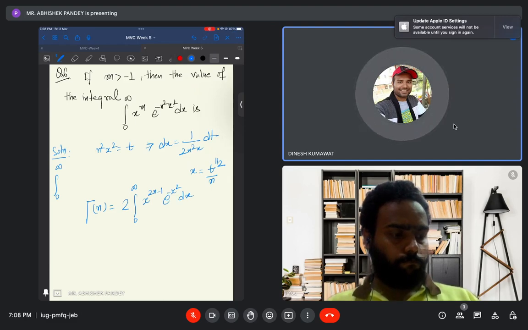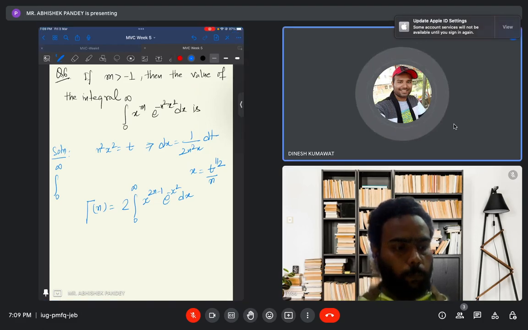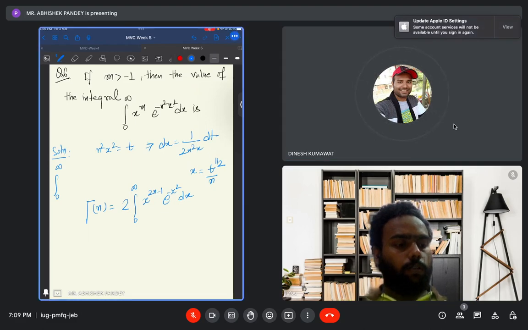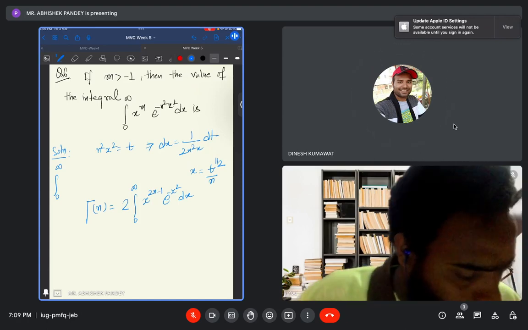So here if I put nx equals t, then I can convert the above integral into this form. Let us say nx equals t.